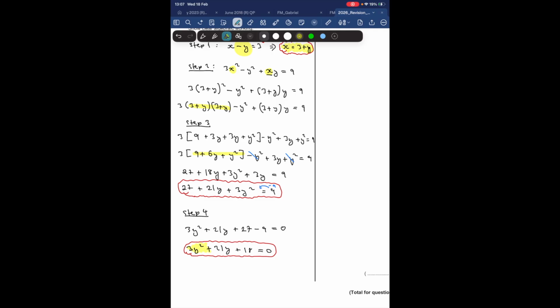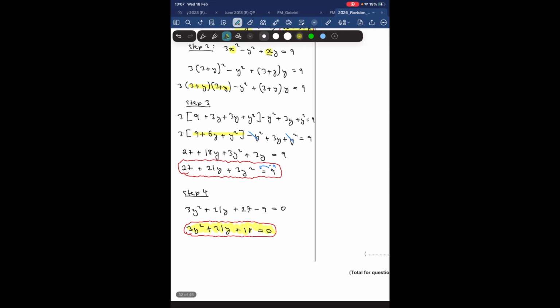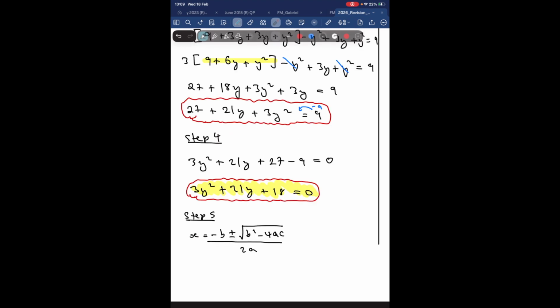The way that we're going to solve this equation, in this case, is by using the quadratic formula. What I've written here in step 5 is the quadratic formula. You get the quadratic formula in the formula sheet, so don't try to memorize it. We just need to figure out the values of a, b, and c from this equation. That's what we're going to do first.